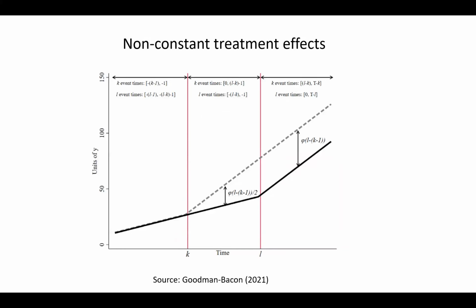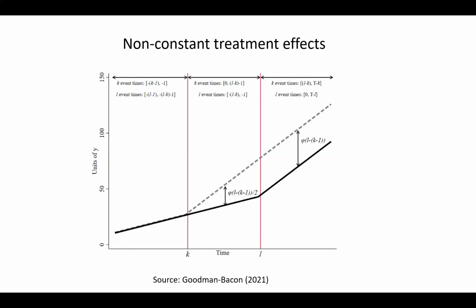Where we have problems is when the treatment effects are not constant. The simplest case is that, rather than having a level shift like this, the trend changes. So now you have this trend, and then the treatment makes the trend steeper.